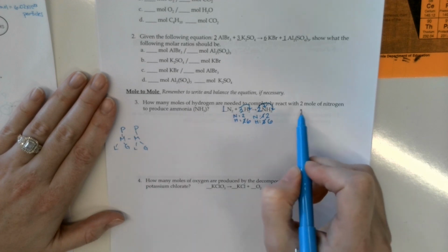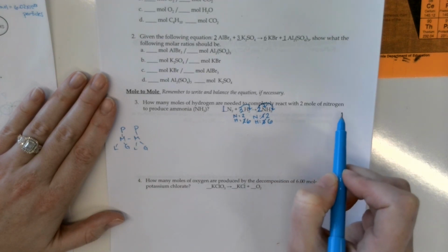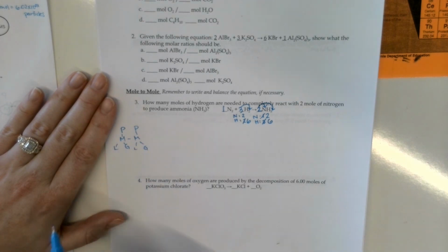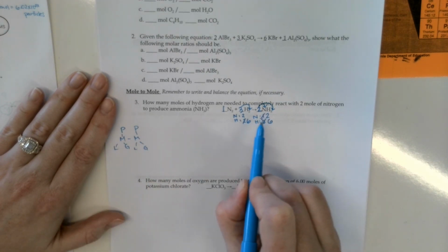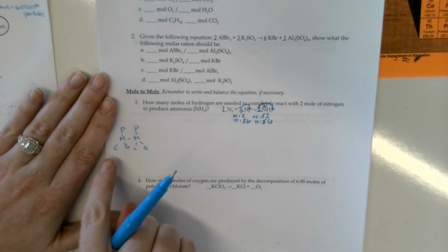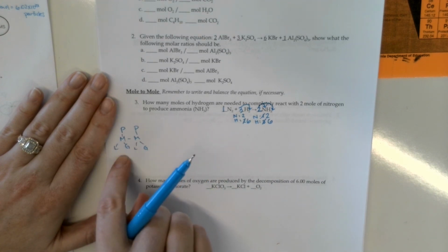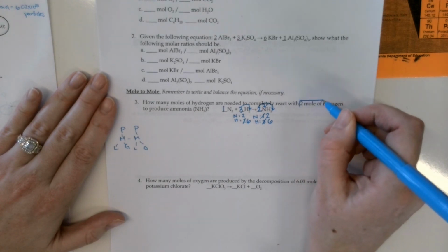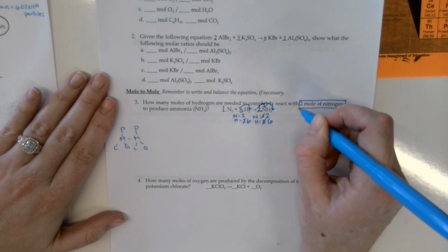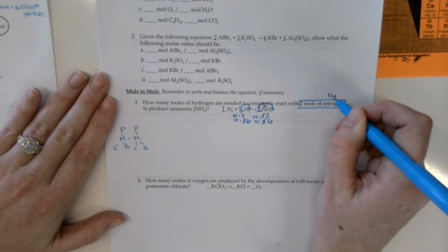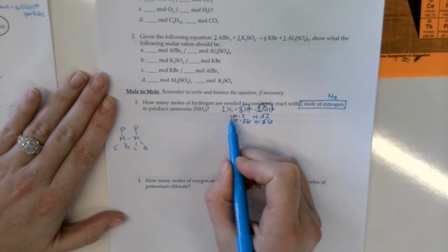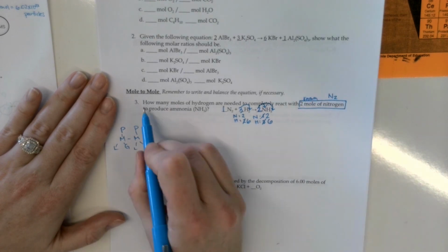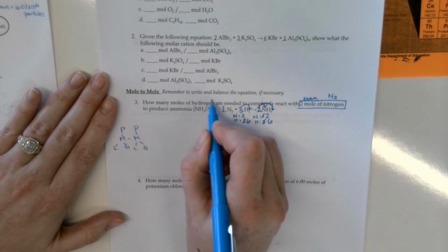Our problem gives us 2 mole of nitrogen. The other piece, to produce ammonia, is just referencing the product that's made. We're only ever comparing 2 things at a time, our known and our unknown. So on number 3, we are starting with 2 mole of nitrogen, which remember, nitrogen's diatomic. This is our known. Our unknown, how many mole of hydrogen?